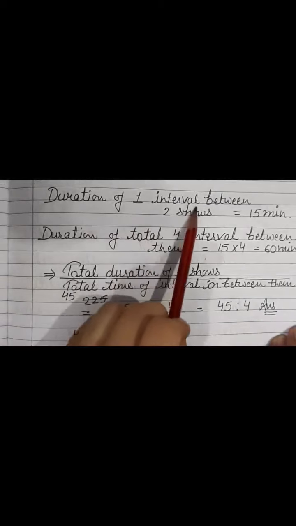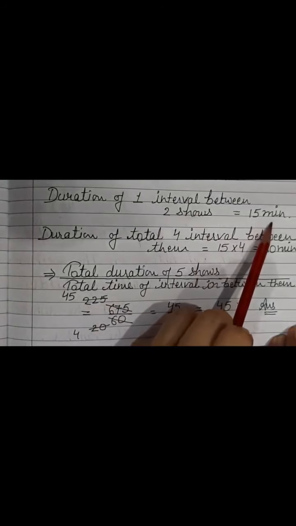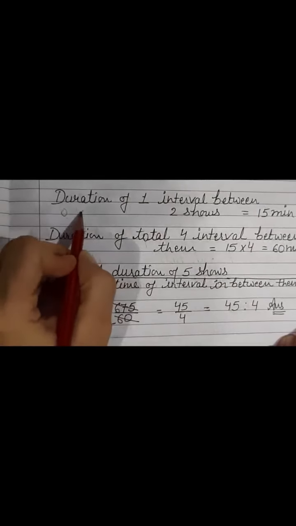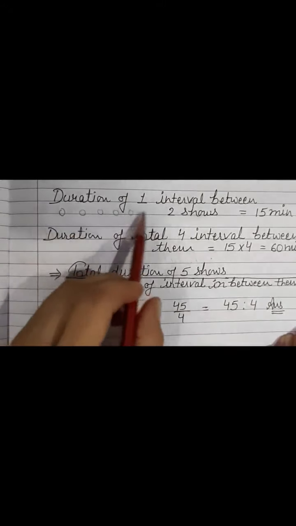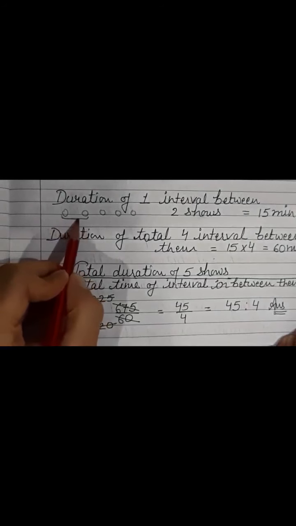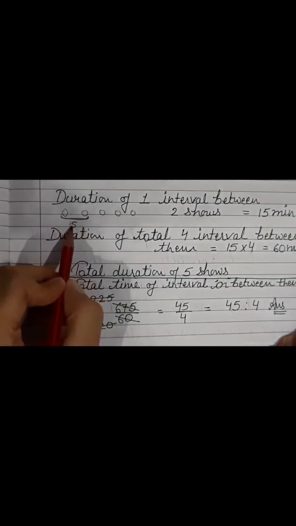Duration of one interval between two shows is 15 minutes. That is given to you. There are 5 shows. 1, 2, 3, 4, 5. Between two shows, duration of one interval is 15 minutes. Right?